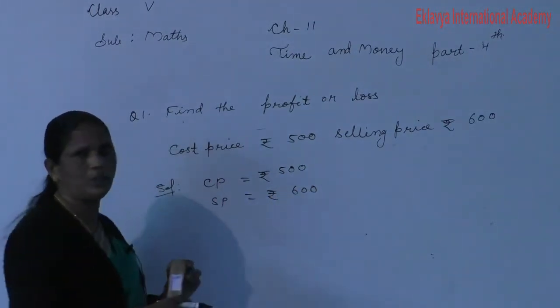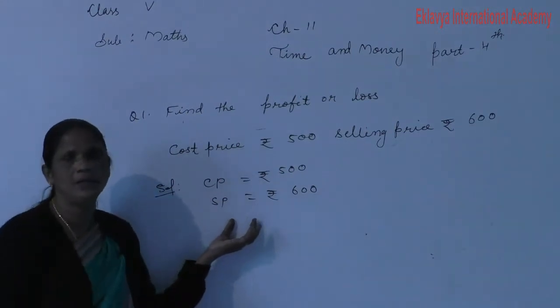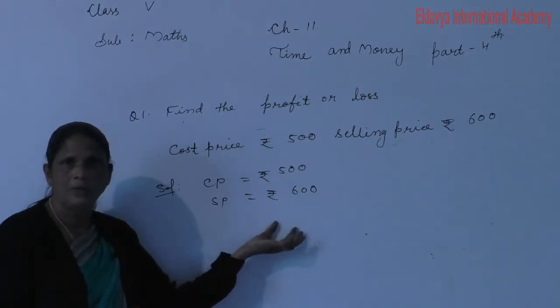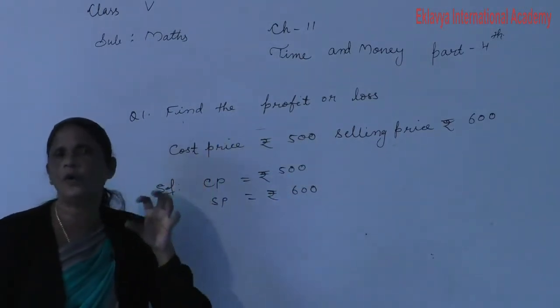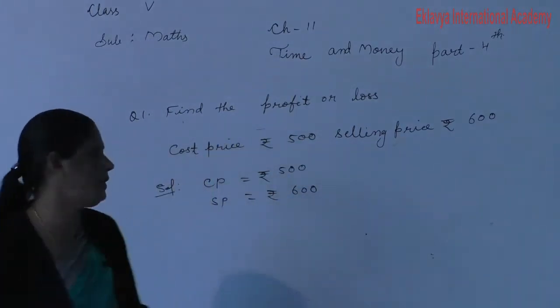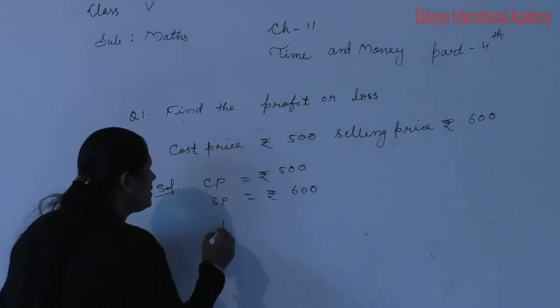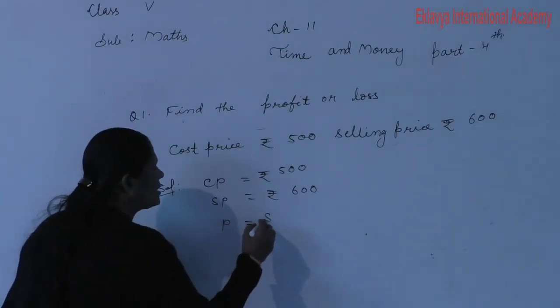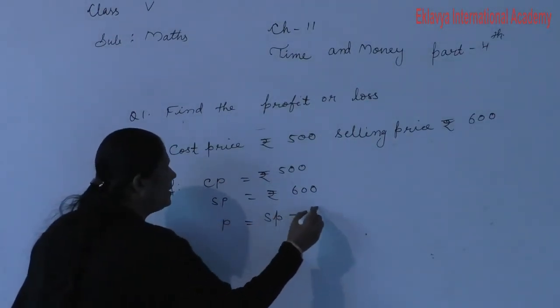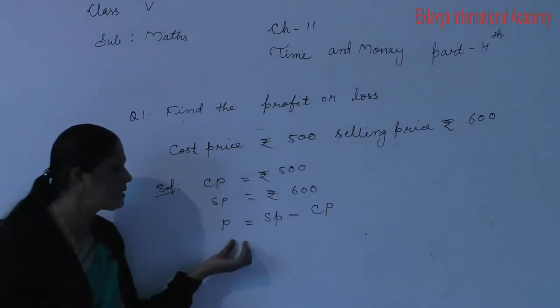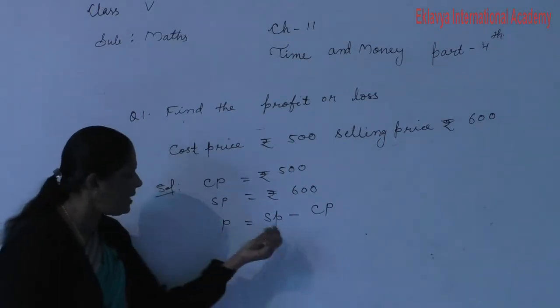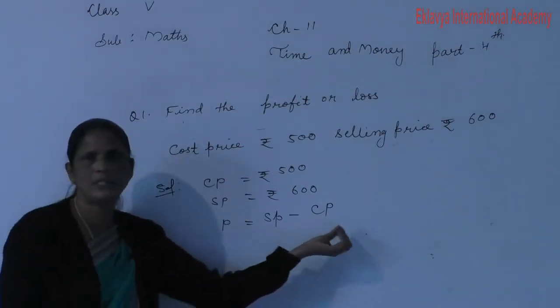Now look, is CP greater than SP? No, SP is greater than CP. Therefore, we get a profit. Then profit is equal to SP minus CP. Which formula do we put? Profit is equal to SP minus CP.